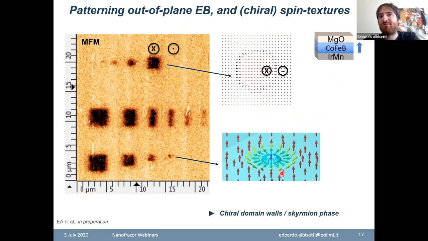And this is the spin texture that represents a magnetic skyrmion. If you can write this skyrmion phase point by point in your material, you can hope to control the skyrmions by currents or by fields, and to build some logic devices that exploit the motion of these textures that you can stabilize in the film with current or external fields.